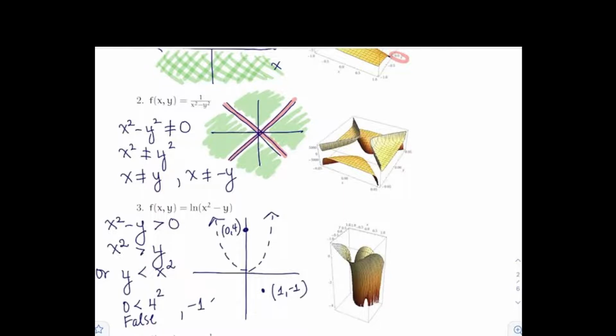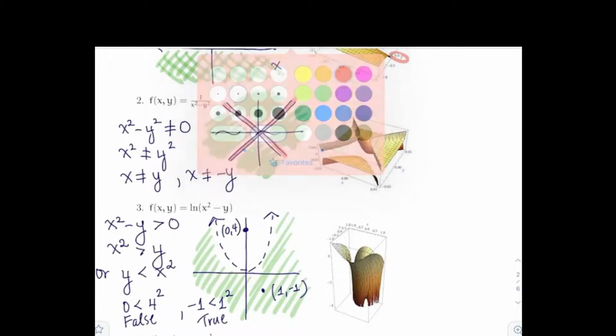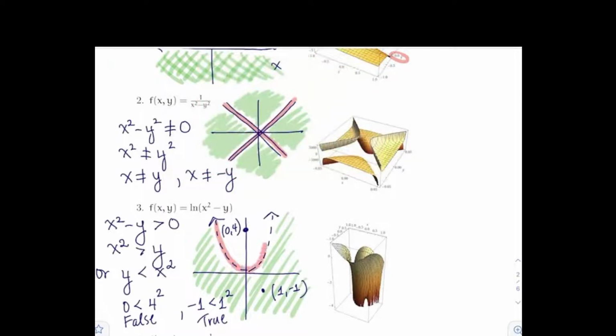Negative 1, is that less than 1 squared? Yes. And that does not have to be these particular points. It could be anything. But now we know that the portion of the plane that's the domain for this function is the one below the parabola. So I'm going to highlight everything that's in red that's not part of the domain. So the entire curve, and then this portion right here that's not the domain.